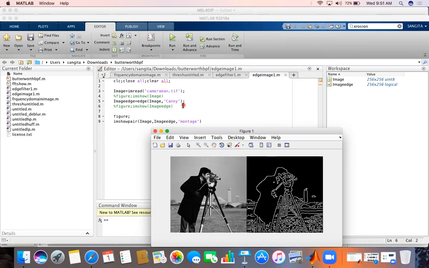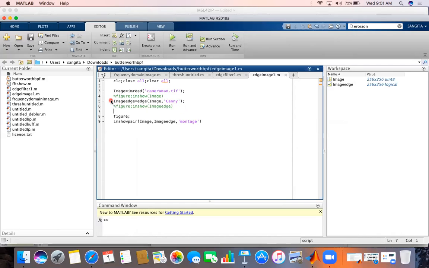Now I am using Sobel. It will be clear for comparative analysis.